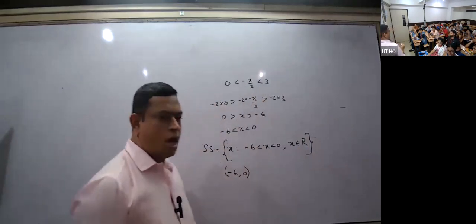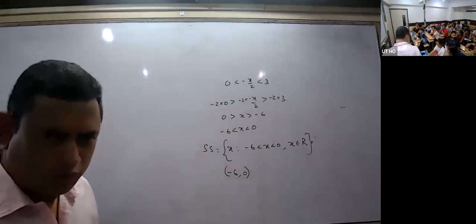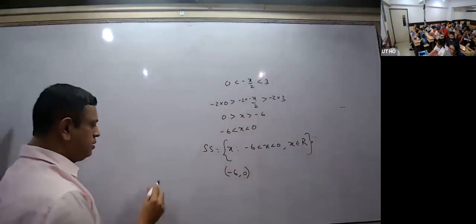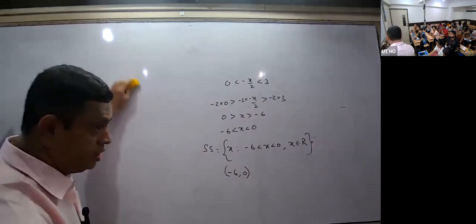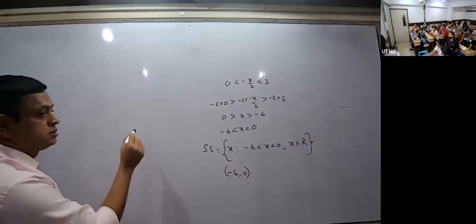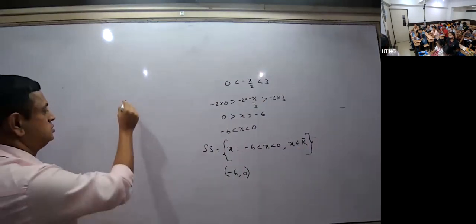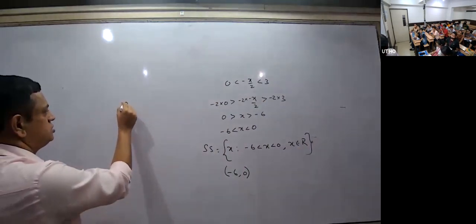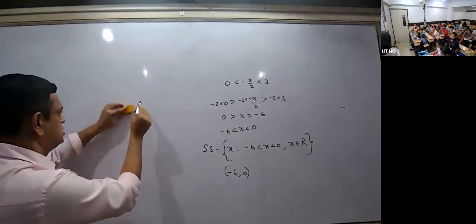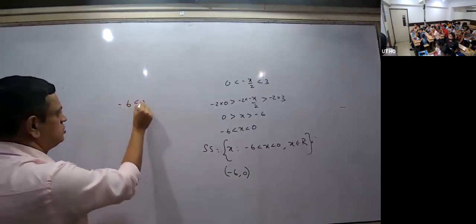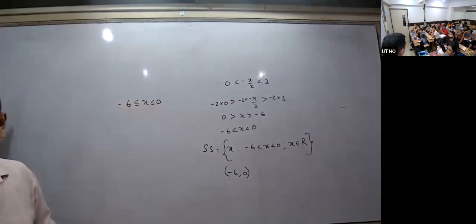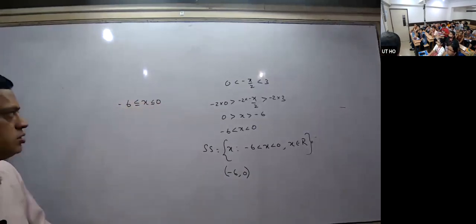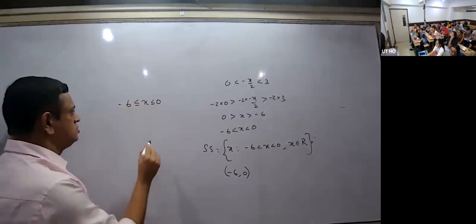Now, listen. Generally, these types of things are not there. If it is coming as 0, I'll show you this one: minus 6 less than or equal to x less than or equal to 0.